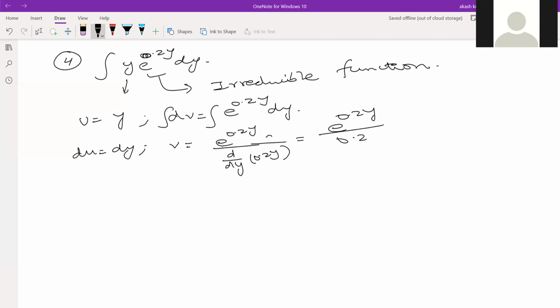So now we have to apply the integration by parts formula.